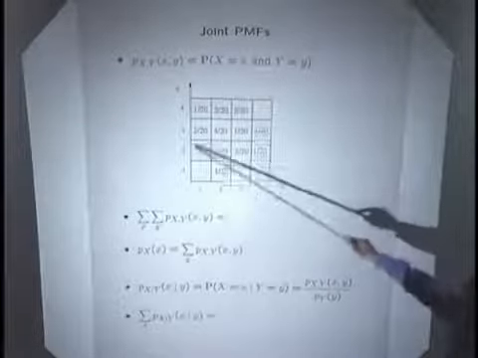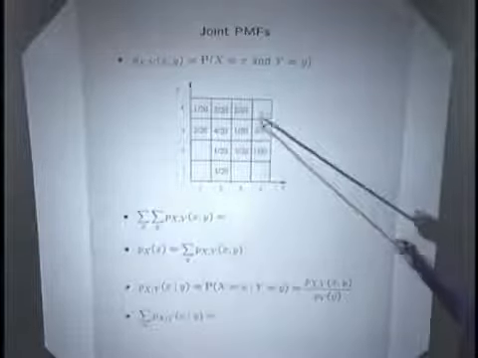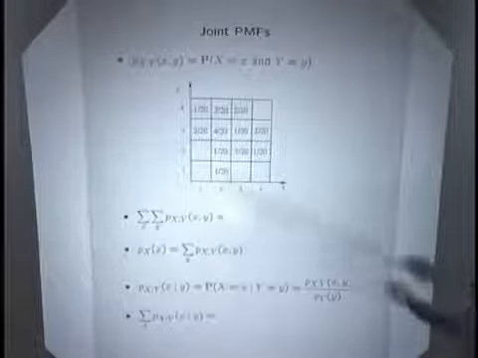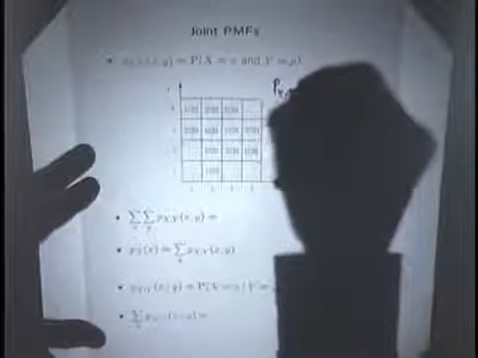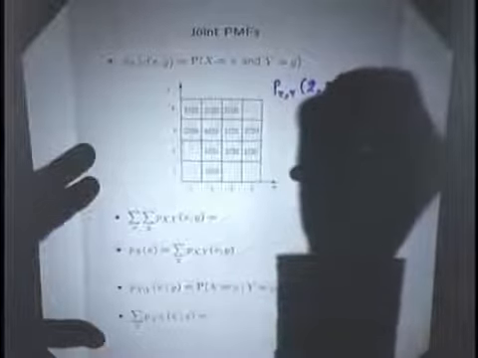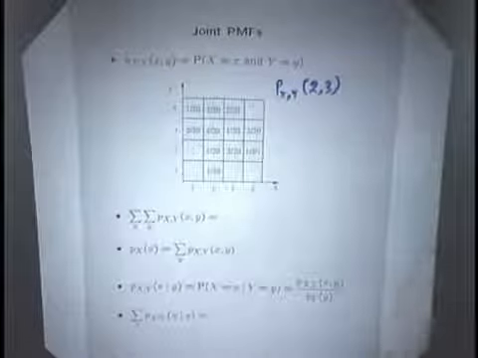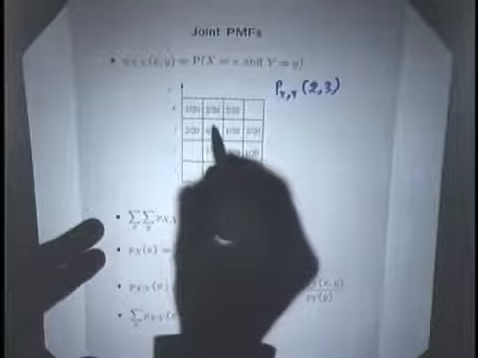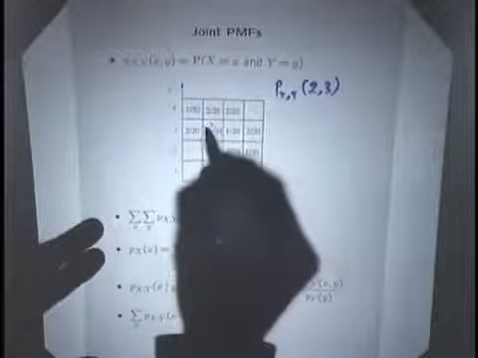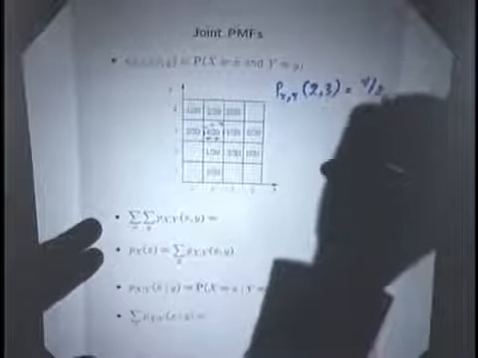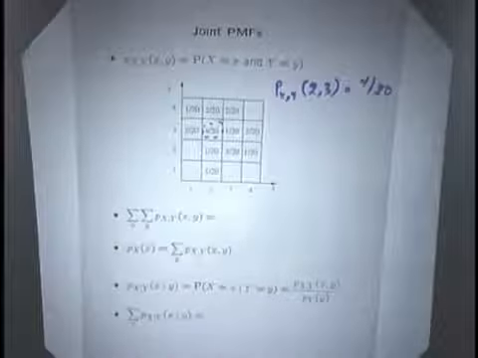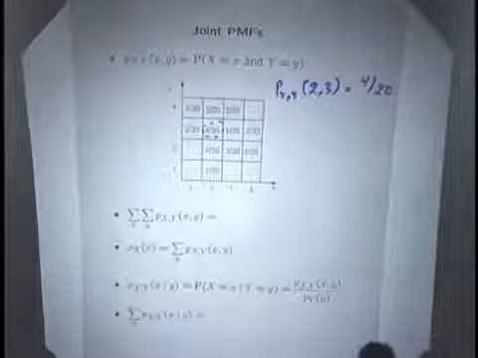In a finite case, you can represent joint PMFs, for example, by a table. This particular table would give you information such as the joint PMF evaluated at 2, 3. This is the probability that x is equal to 2 and simultaneously y is equal to 3, so it would be that number here, 4/20. What is a basic property of PMFs?